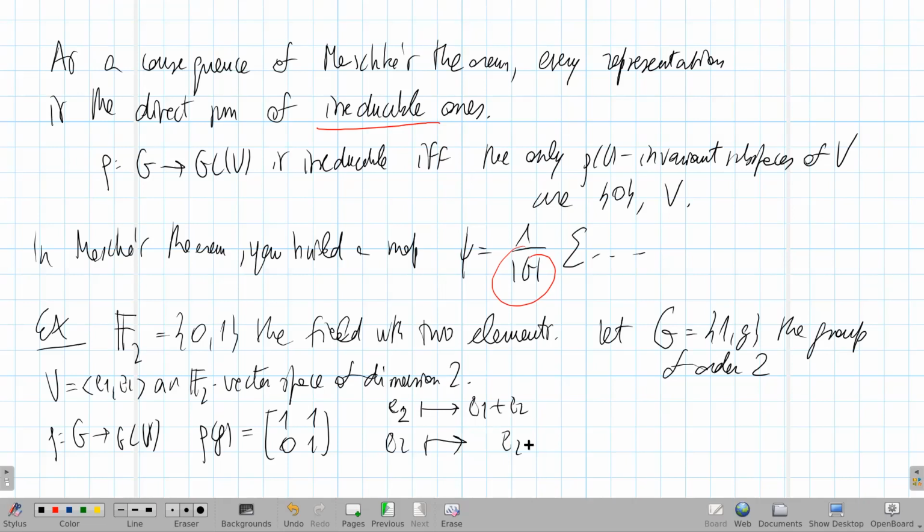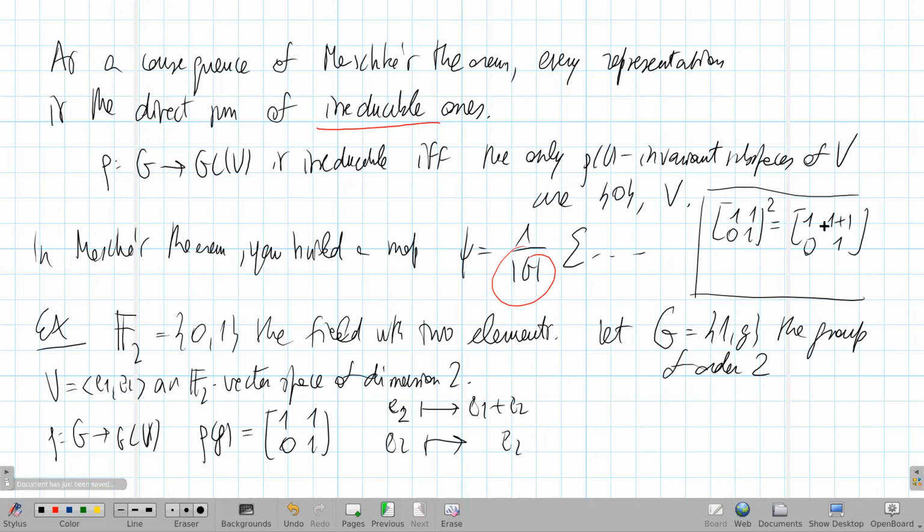Well, just note that, of course, this element has order 2. I'll do the calculation here. But this is quite obvious. What happens if you do the square? You have 1, okay, this is 1, and then here you will have 1 plus 1, if you check, okay? This will be 1 plus 1, because it's 1 times 1 plus 1 times 1. So this is 0, because we are in characteristic 2, okay?